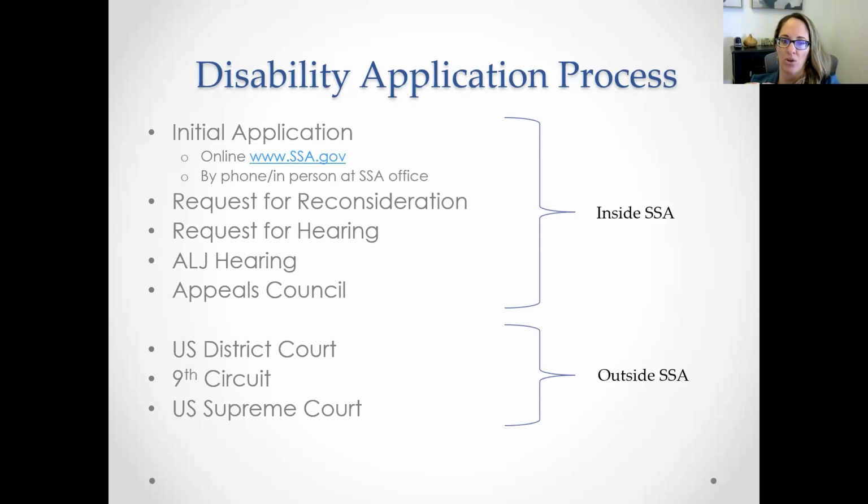At this point, you have to file a lawsuit against the United States of America, against the administration, at the US District Court, asking a federal court judge to review the case and make a decision. From there, in theory, there are appeals that can be done further to the Ninth Circuit and then eventually the United States Supreme Court.